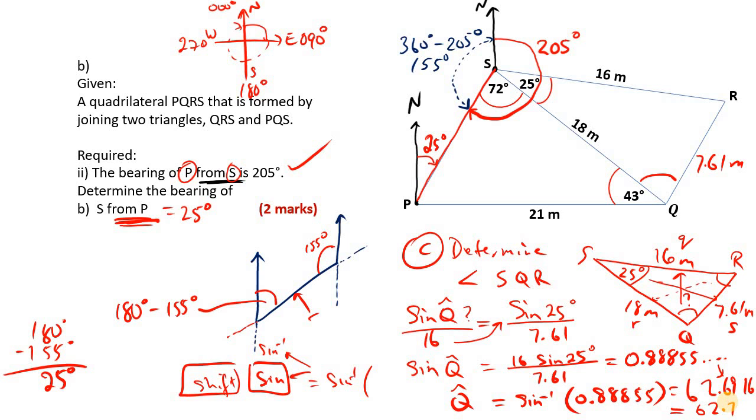So my answer is 62.7 degrees to 3 sig fig. This was not a part of the original question, but I just decided to look at it to see how we could use the sine rule.